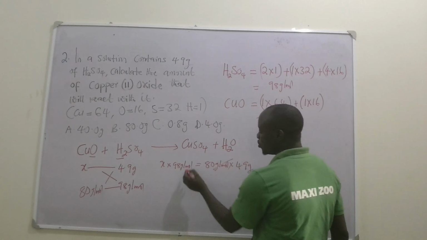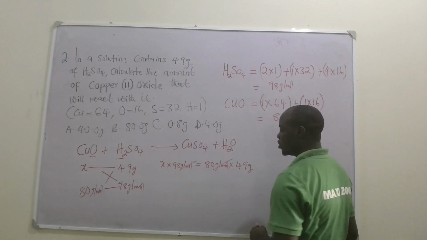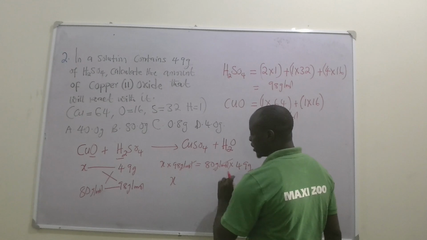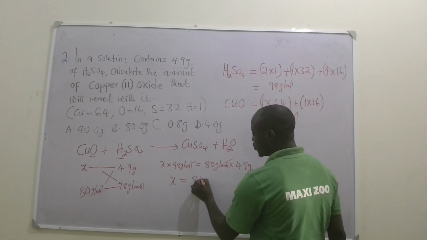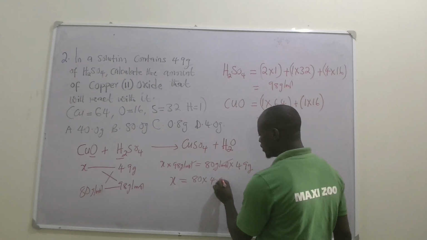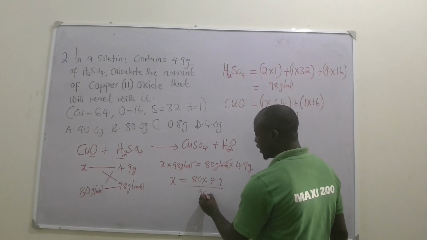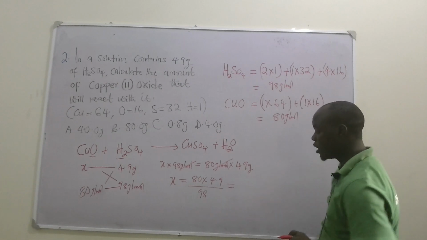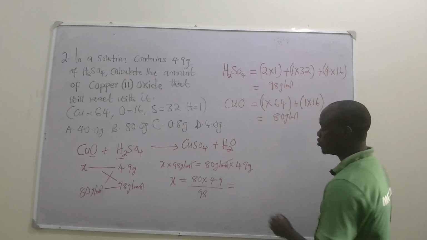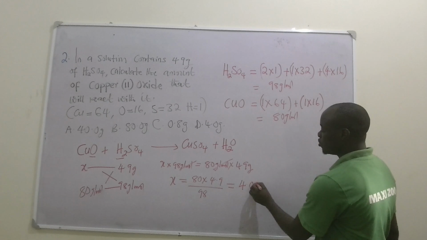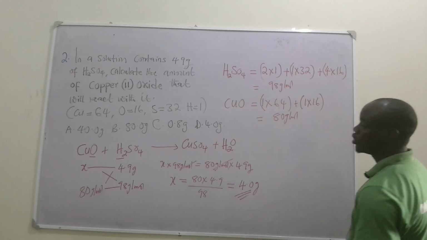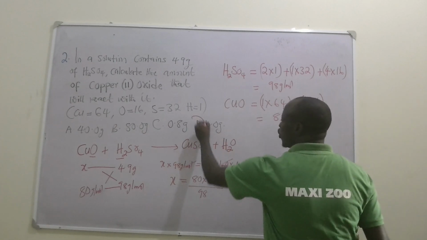So this gram per mole will take care of this gram per mole. We are going to divide both sides by 98, which at the end is going to give us X equals 80 times 4.9 divided by 98. So if we multiply and divide by 98, it is going to give us 4.0 grams. So the answer is 4.0 grams, meaning that the answer is option D.